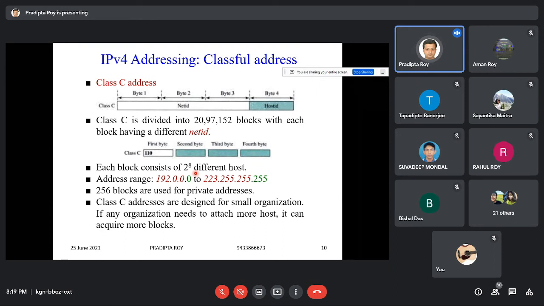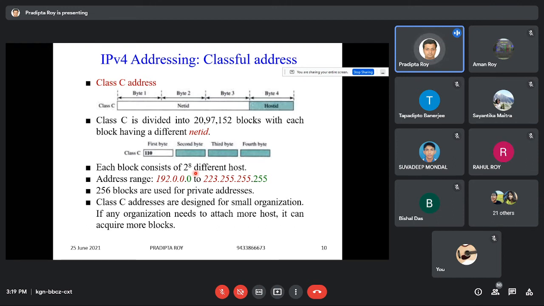network, that is quite reasonable. There are lots of organizations that require 255 or 256 or more than 250 or more than 200 nodes in one network.